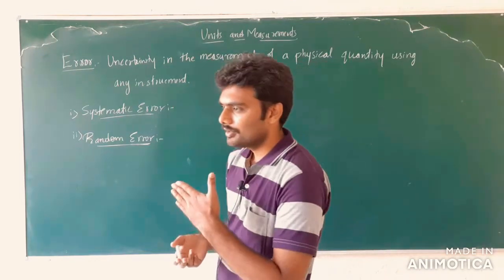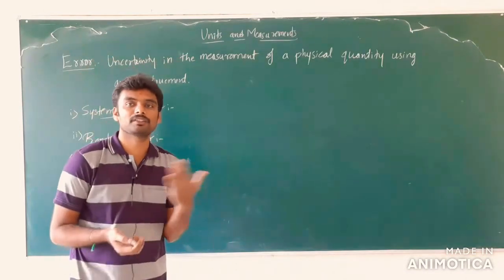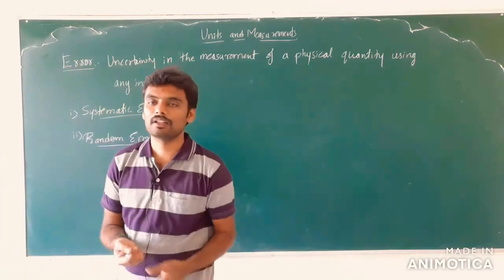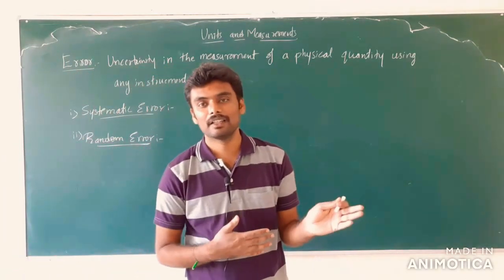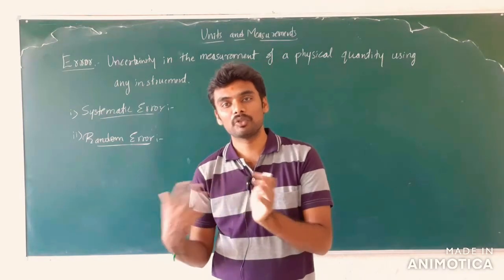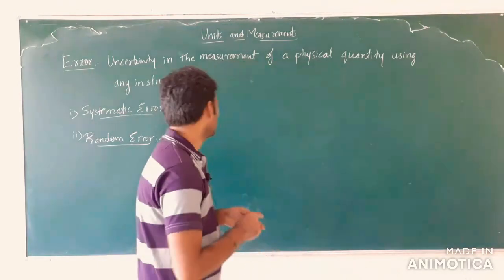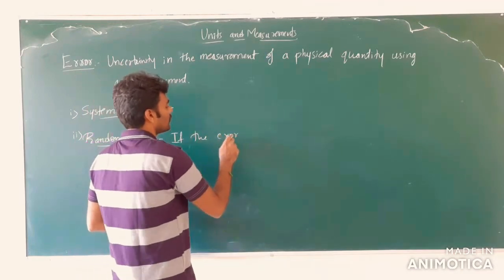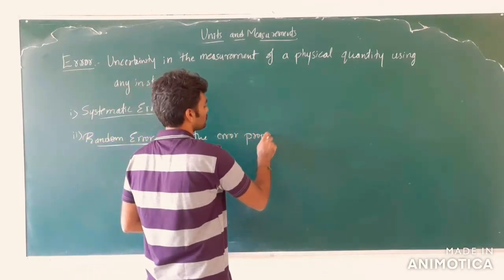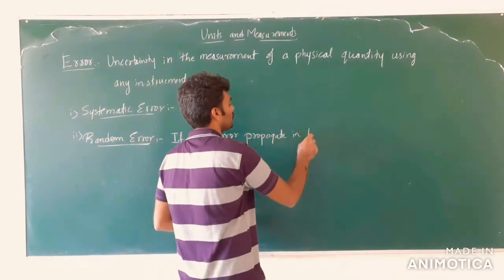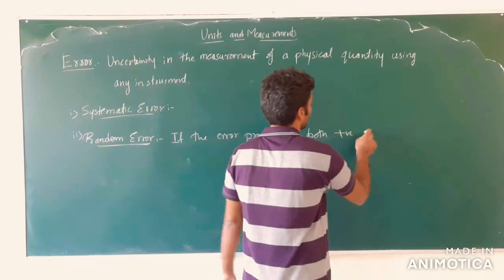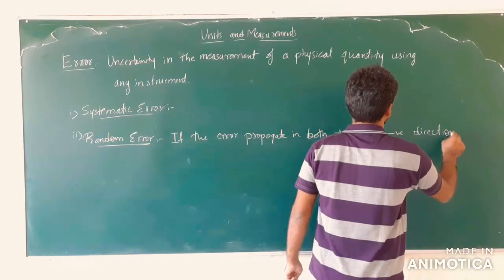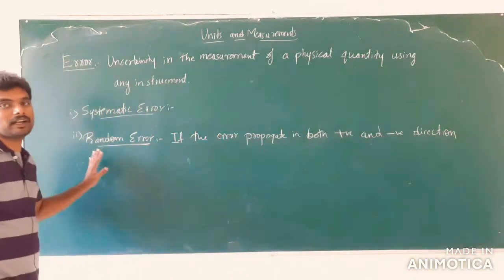But in the first place, which kind of errors are considered to be systematic error? If the error propagates in both directions, which means sometimes the reading might be more than the actual reading, sometimes lesser than the actual reading, so the error can propagate in both the directions, in both positive and negative direction, then those errors are considered to be random errors.